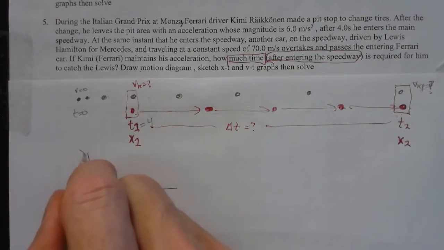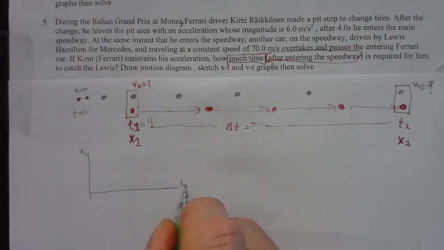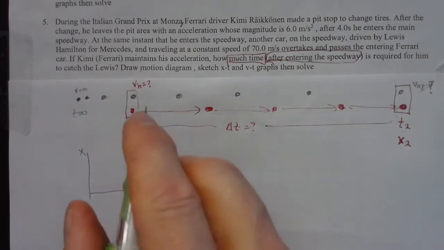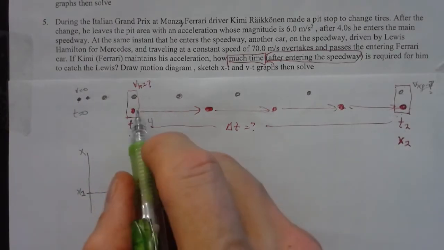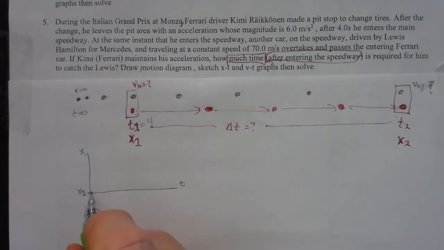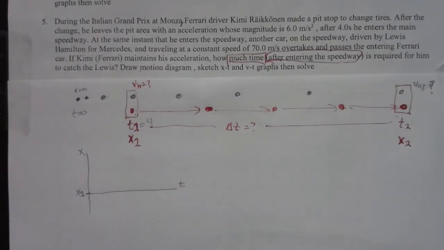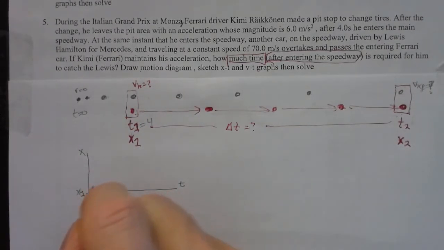So x versus t. Now, I'm going to make my origin here. This will be X1. That's right here, because they're at the same place at the same time. Lewis is moving at a steady rate, so he's going to have a constant velocity, or a constant slope.